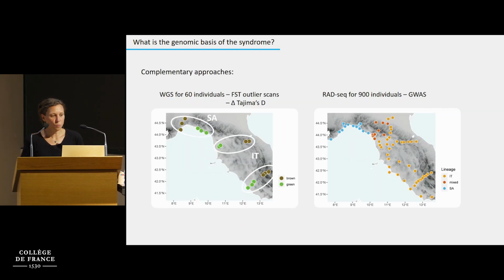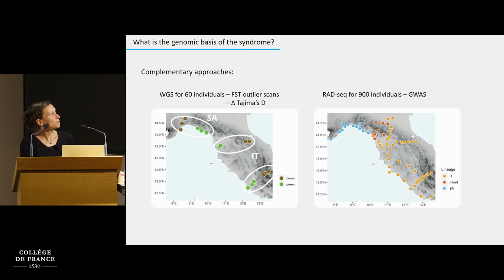But we didn't stop our genomic analysis here, because FST outlier scans are, of course, a quite blunt tool. So we wanted to use more data and more approaches to refine our results. In addition to these FST outlier scans, we've used these 60 whole genome resequenced genomes to also look at Tajima's D, because we had predictions for differences in genetic diversity.